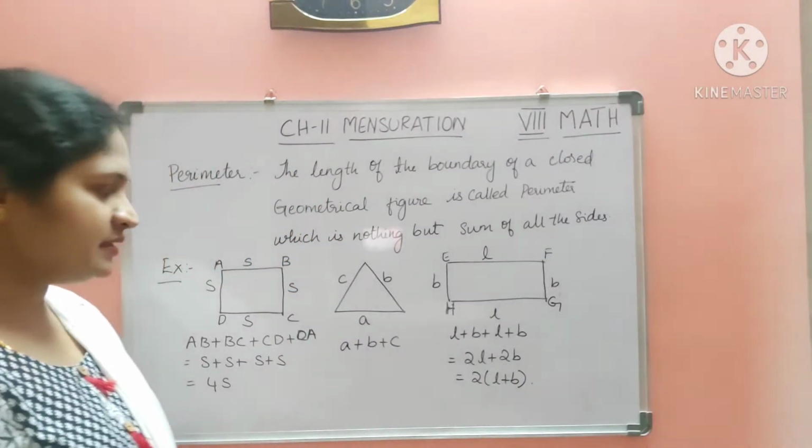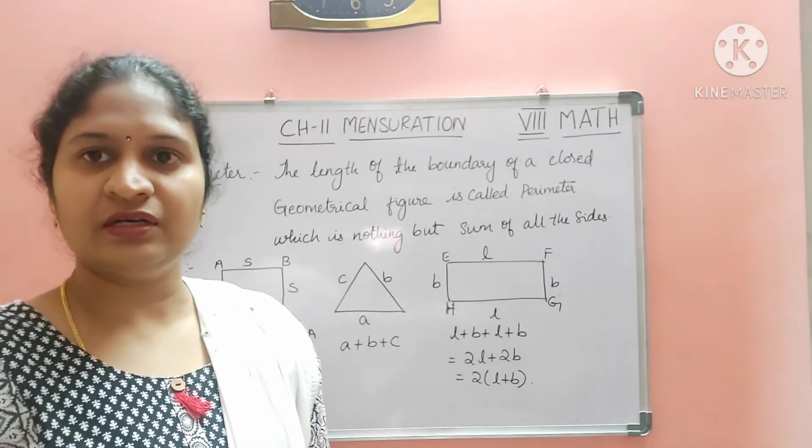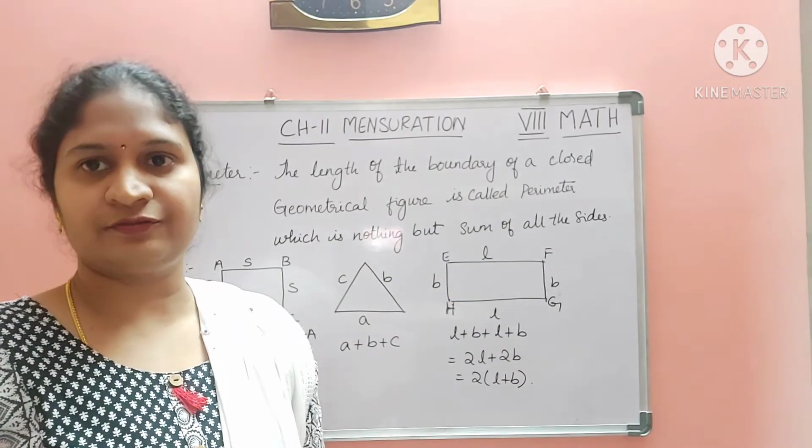So perimeter is nothing but the length of the boundary of a closed geometrical figure.